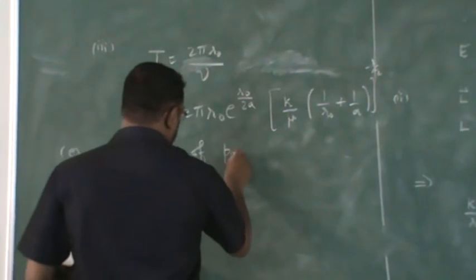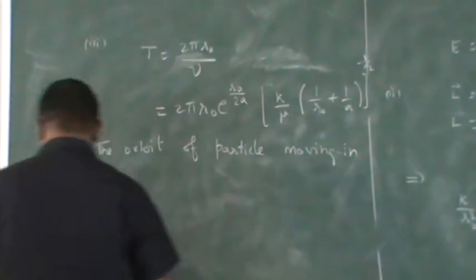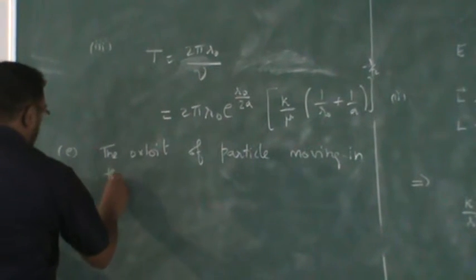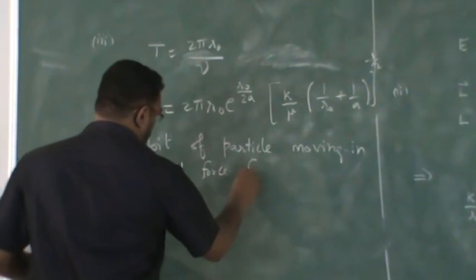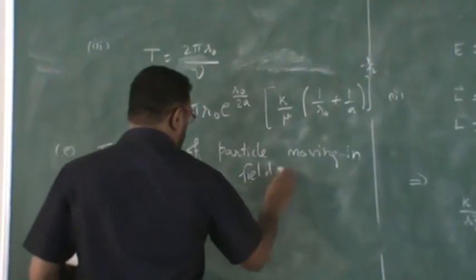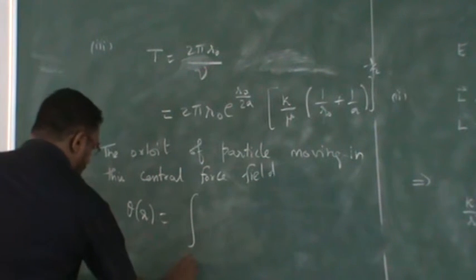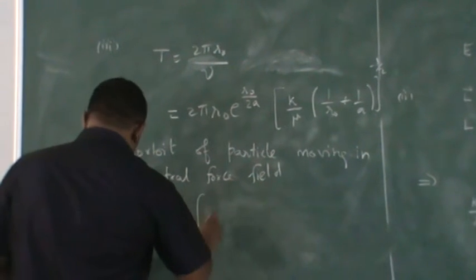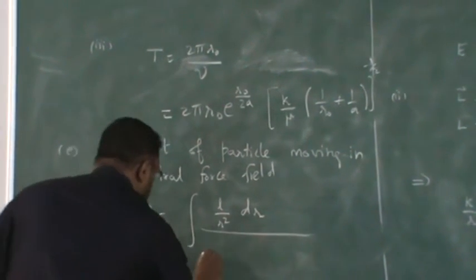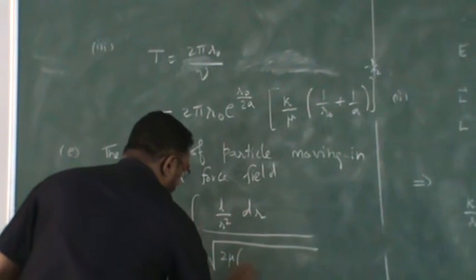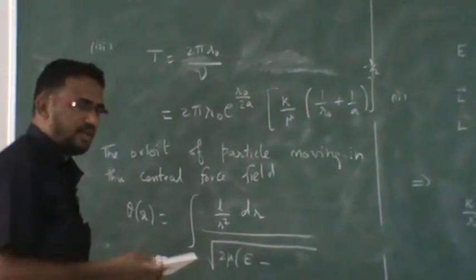And so the orbit of a particle moving in the central force field, or central potential, θ of r is equal to the integral of L by r² dr, whole divided by the square root of 2μ[E minus V], and V is minus k by r e^(-r/a).